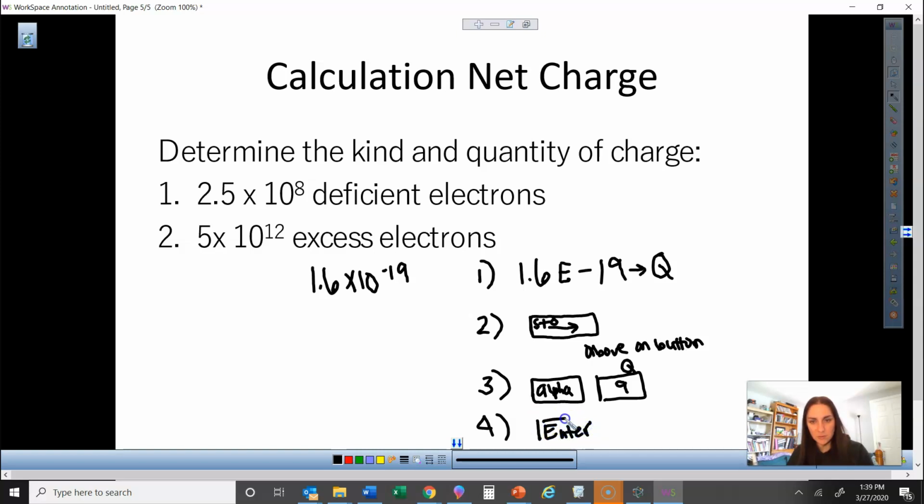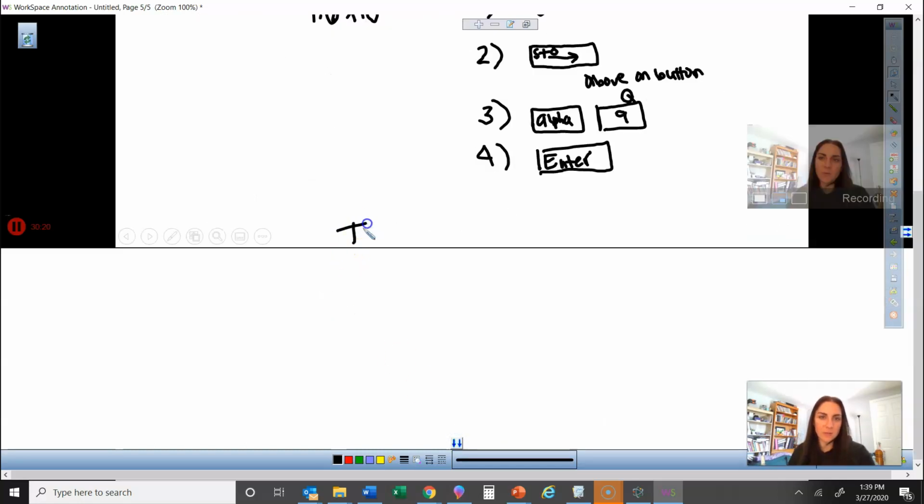Enter, there we go. And when I do, it's actually just going to give me the value back. So you could test it. What I'm going to do is 15 times Q. So 15 times alpha Q. It has to be alpha Q, not second.